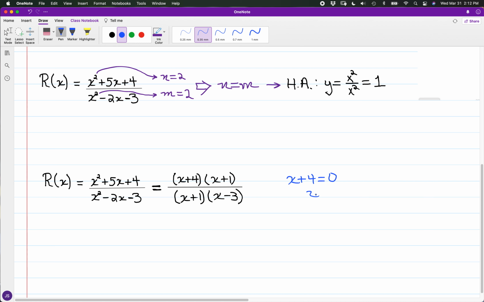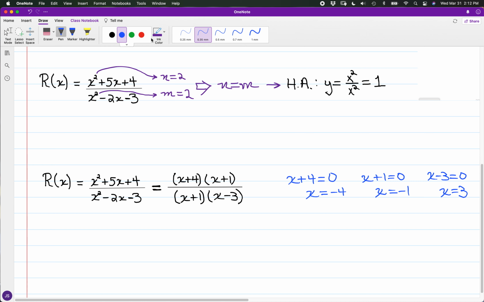So if x plus 4 is equal to 0, we have x equal to negative 4. And then for x plus 1, this one appears in both the numerator and denominator. And we have x plus 1 equal to 0, so x is equal to negative 1. And as for x minus 3 equal to 0, we have that x is equal to 3.